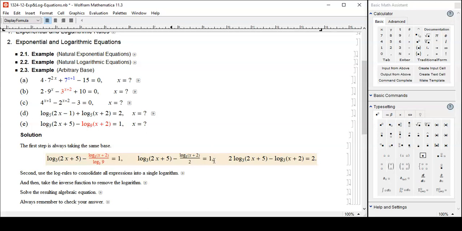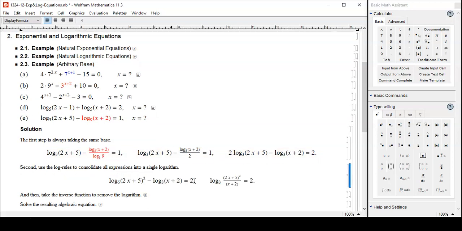So we get this expression. Okay, removing the denominator, we got that. And flipping this 2 up there, we get complete square, like this. And then using the log rule, we can put these two together. So we have the square over this x plus 2 equals 2 right hand side.